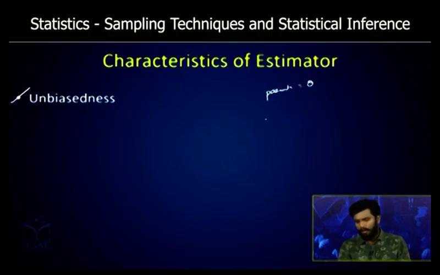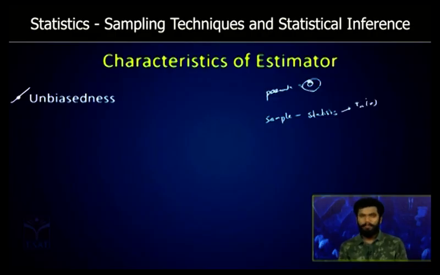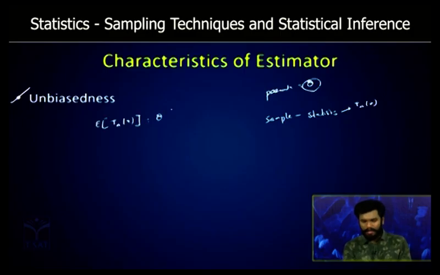Now I have the sample and I am finding the sample statistics. In order to find the parameter theta, I write a function Tn of x. Whenever I take the expectation of Tn of x, if it is equal to theta, then I can say that this estimator Tn of x is an unbiased estimator.